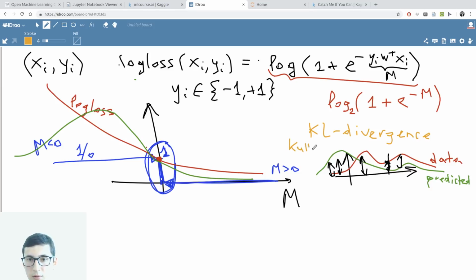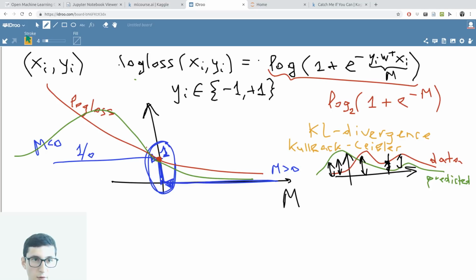So it's Kullback-Leibler divergence. Sorry, I'm not sure whether I spelled it right. KL divergence in this case will characterize how much our predictions differ from the data distribution.